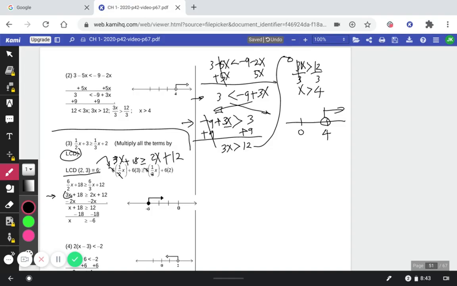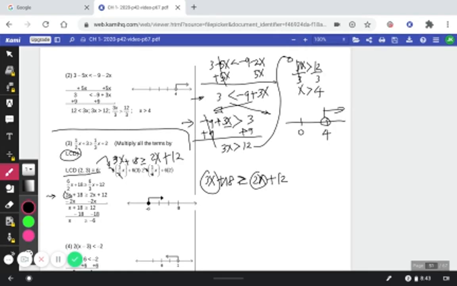You solve 3x plus 18 is greater than or equal to 2x plus 12. So now you have x on both sides. What do you do?